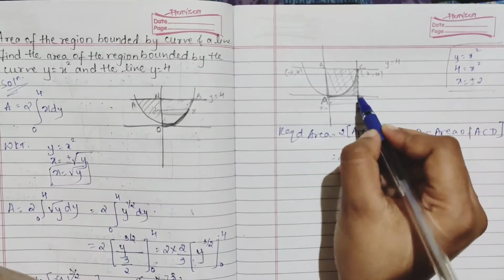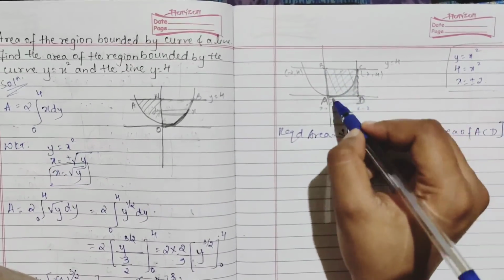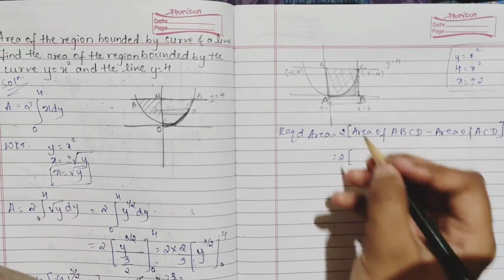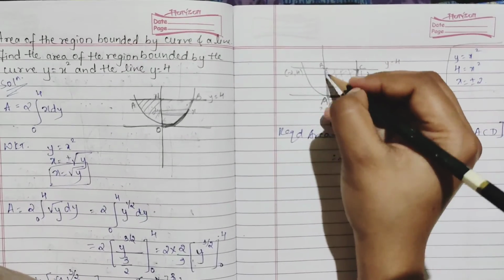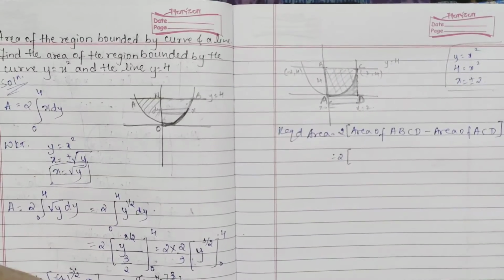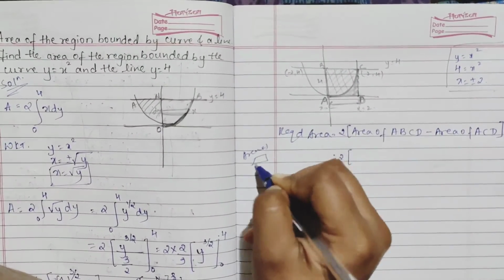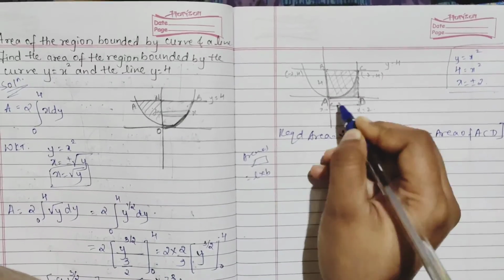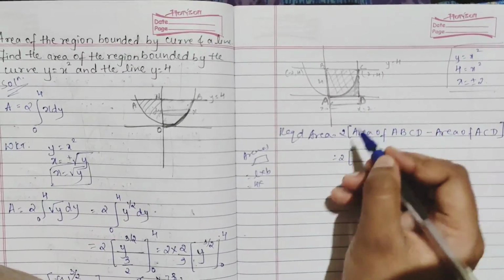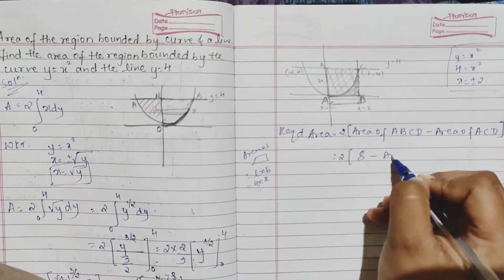Your x is 2 and your y is 4, your line is 4. Area of rectangle is length into breadth. Our length is 4, our breadth is 2. So it will be 8 minus area of ACD.